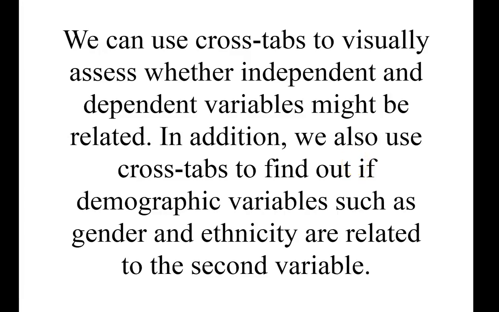So we can use crosstabs to visually assess whether independent and dependent variables might be related. It doesn't tell us anything about the strength. It just shows the type, if there is a relationship. In addition, we also use crosstabs to find out if demographic variables such as gender and ethnicity are related to the second variable.